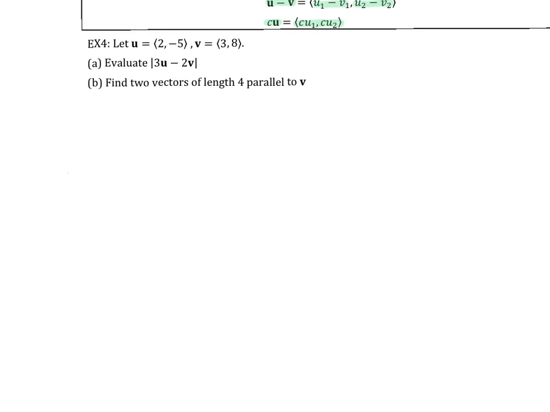So let's try using some of those properties in example 4a. We want to evaluate and find the magnitude of 3 times our vector u minus 2 times our vector v. So this is going to be 3 times the vector u, which is 2 comma -5, minus 2 times our vector v, which would be 3 comma 8.